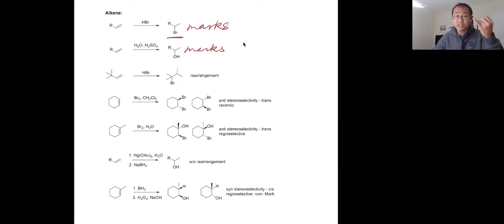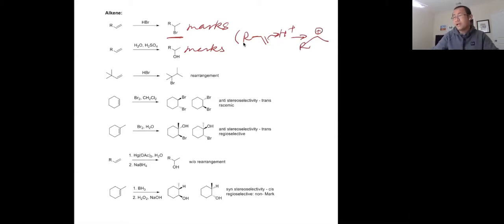The first reaction, HBr, has a proton. So that's why we can carry out the reaction with HBr by itself, even without a solvent. But in the second reaction, the reason we have an acid catalyst is because we need a proton. That's the electrophile. So both reactions start with protonation.